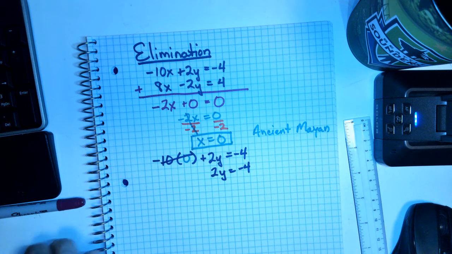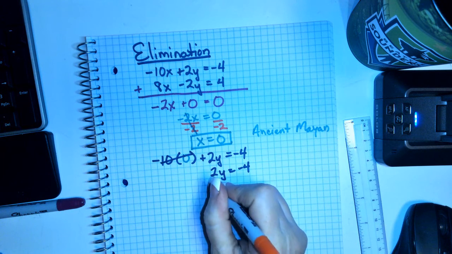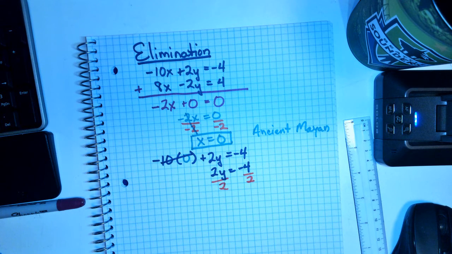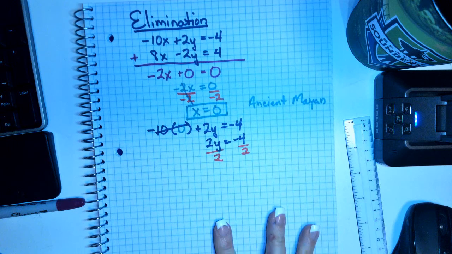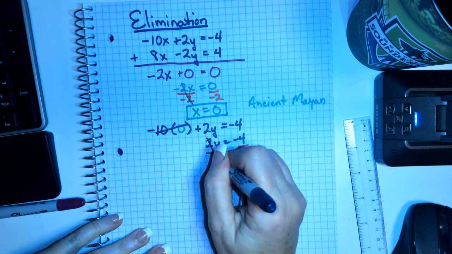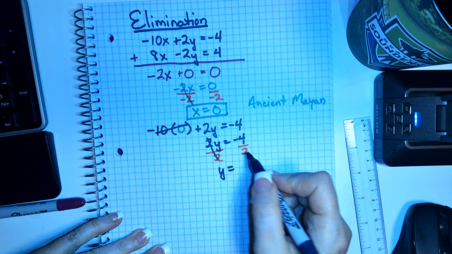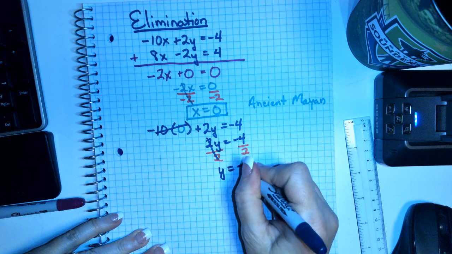I want to get y all by itself, so I'm going to divide both sides by 2. The result of that is going to be 2 divided by 2 is 1, and negative 4 divided by 2 is negative 2.